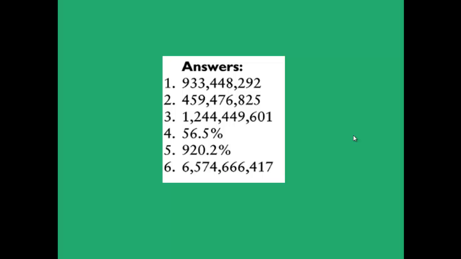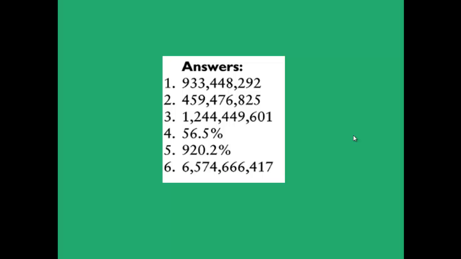So here is the number of people in Asia who used the internet in 2007, 459,476,825.